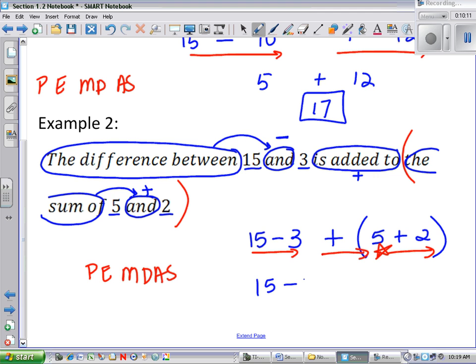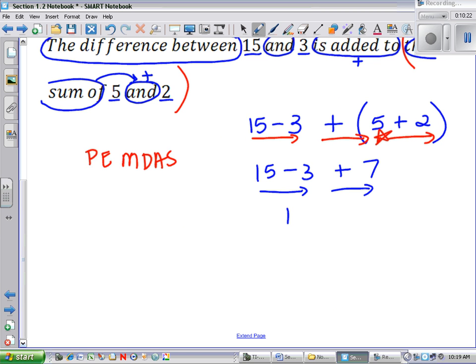So 15 minus 3 plus, parentheses, 5 plus 2 is 7. Left to right, 15 minus 3 is 12, plus 7 gives me 19. And there's my final answer.